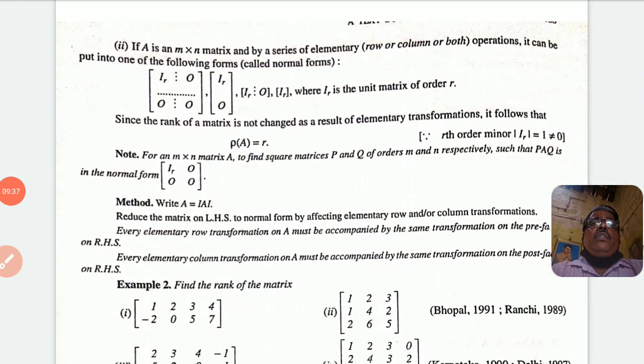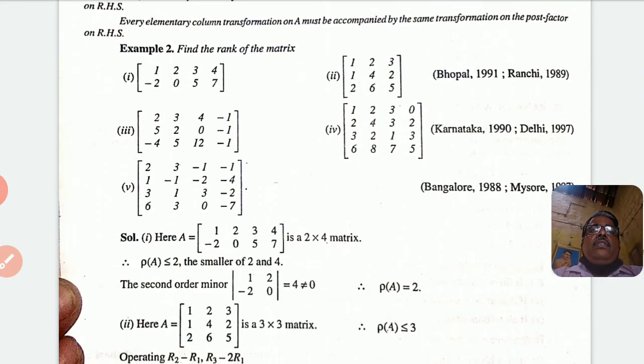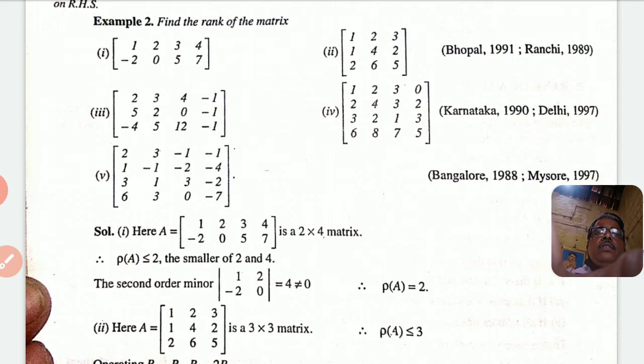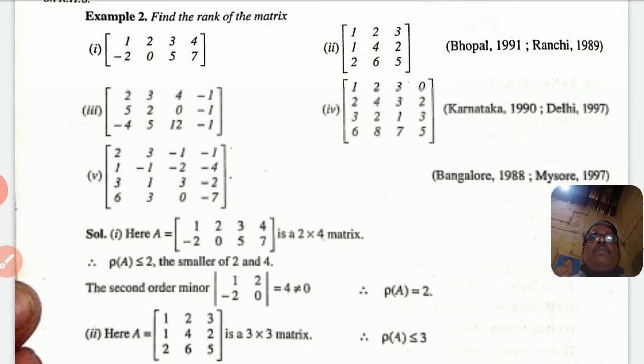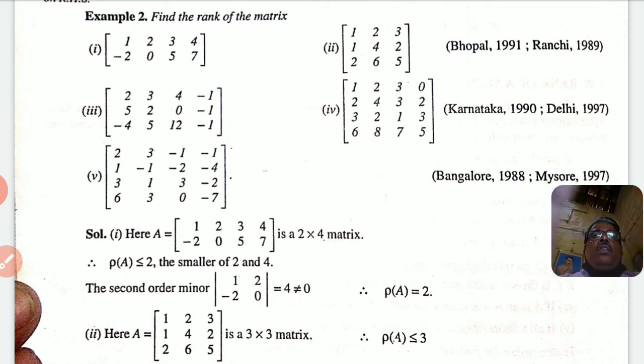So I will give an example. Here one example is given: find the rank of the matrix. The first one is 1 2 3 4, then minus 2 0 5 7.